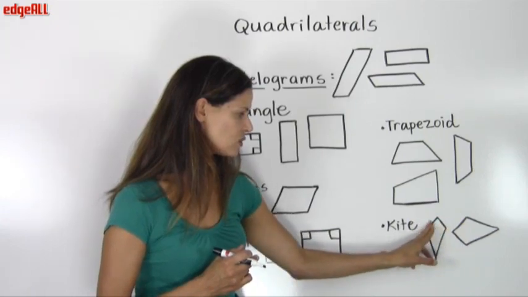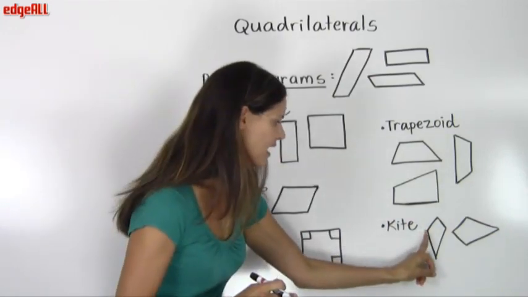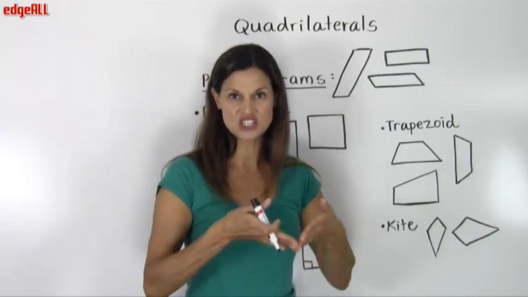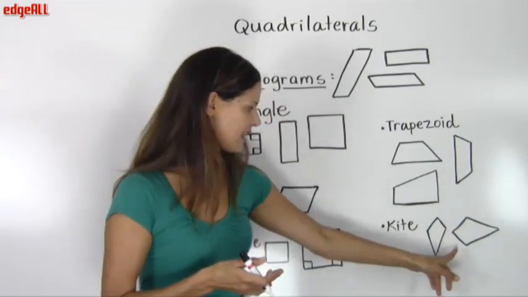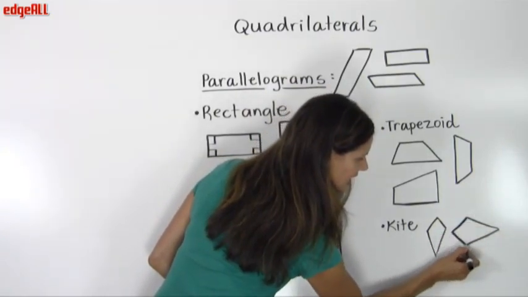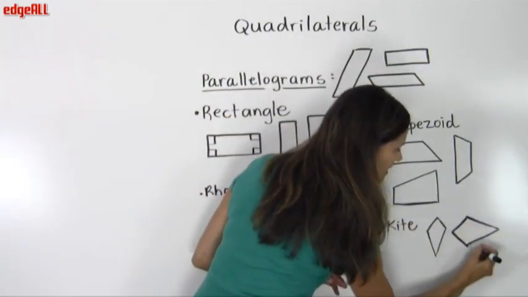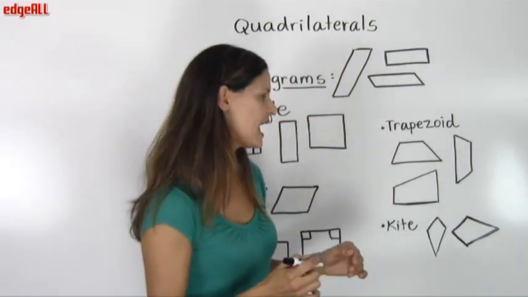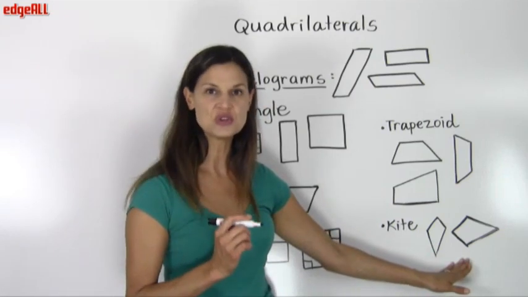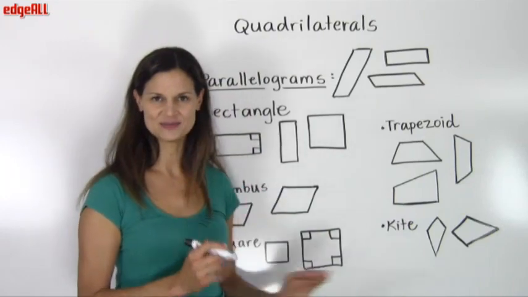So these two equal lengths touch each other. And then similarly, this length here is equal to this length here, and those two sides touch each other. They are adjacent. And then on this kite, this side here is equal in length to this side here, and they touch each other, and this side here is equal in length to this side here. And so a kite, by definition, is a quadrilateral with two sets of equal sides adjacent to one another.